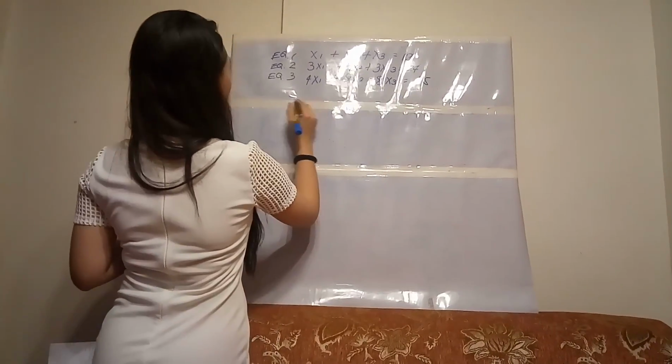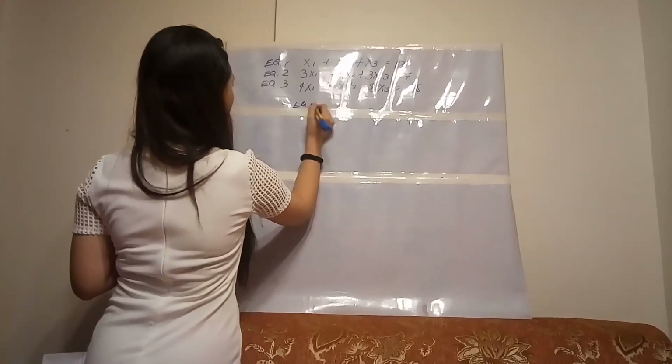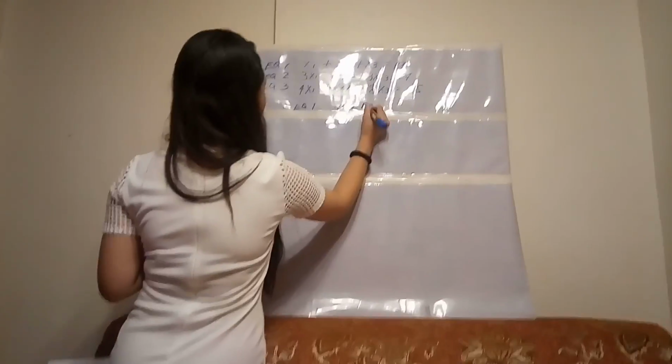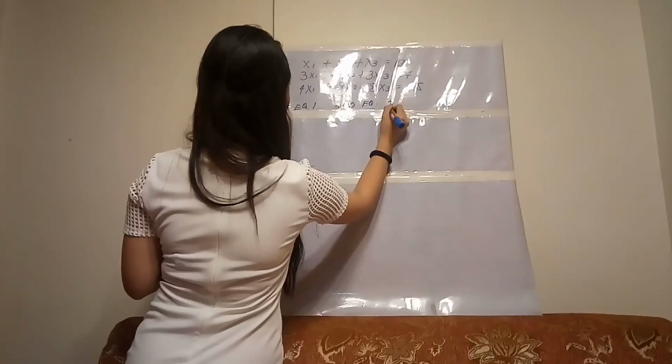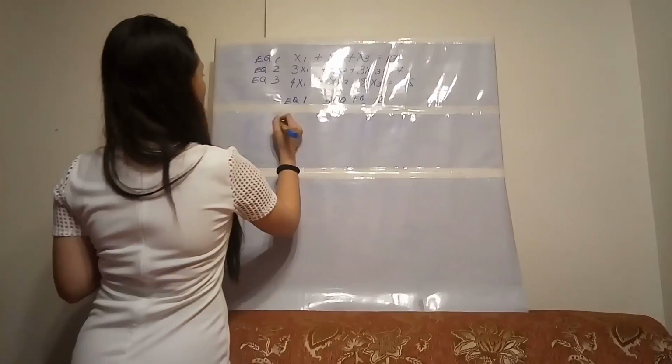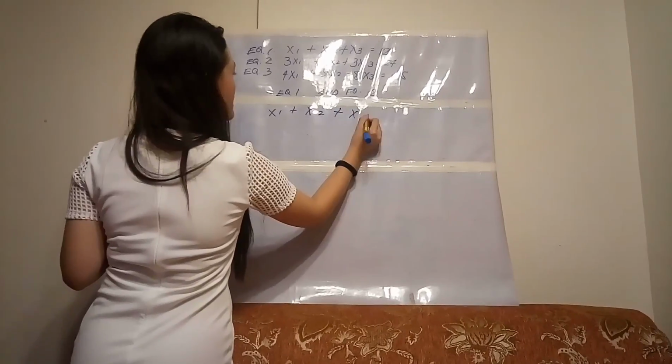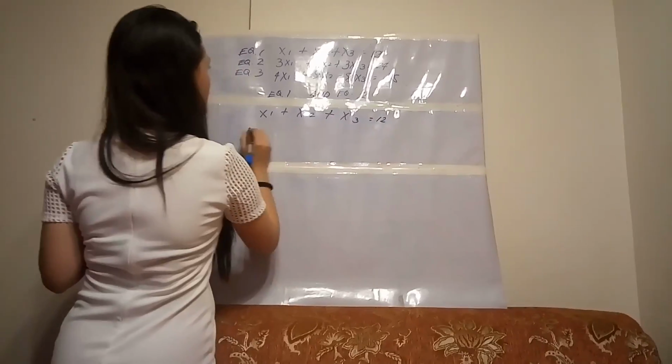We'll now equate equation number 1 and equation number 2. So, x1 plus x2 plus x3 is equal to 12.